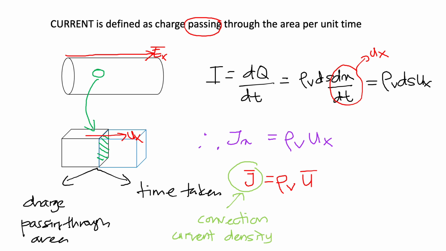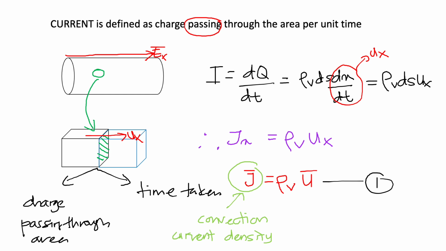This is the charge that moves, and this is the time taken for the charge to move. Now you have the first model of current.